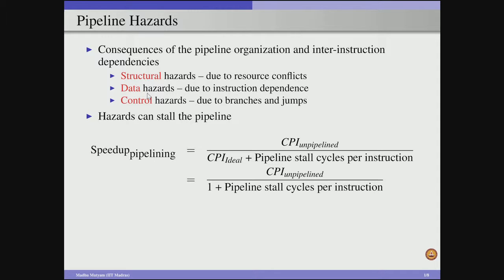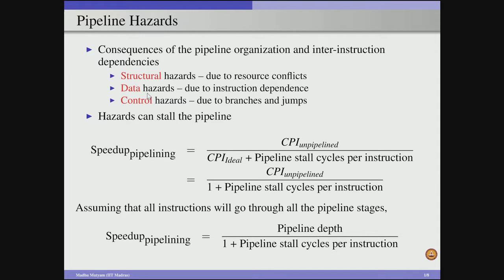per instruction. And if we assume that all the instructions in our program go through all the stages of the pipeline, then CPI of non-pipeline design can be expressed as the number of pipeline stages. So, effectively the speed up that we achieve with pipelining can be expressed as the ratio of pipeline depth and 1 plus the pipeline stall cycles per instruction.